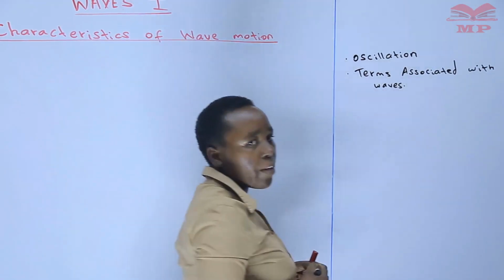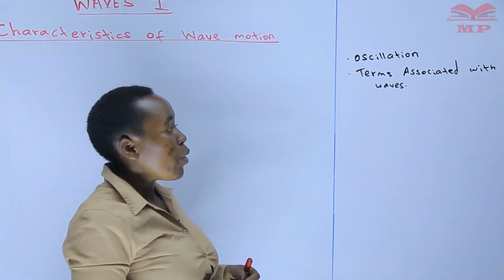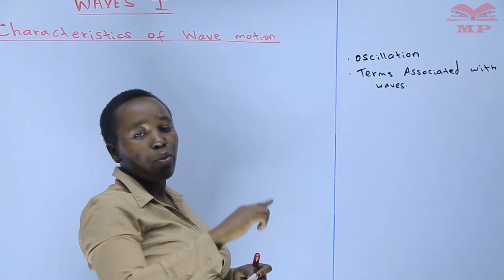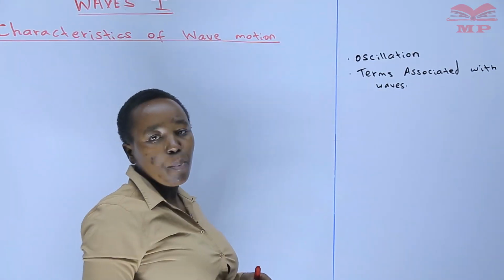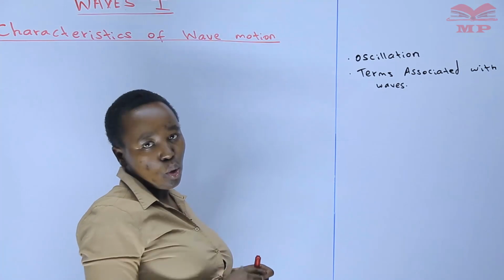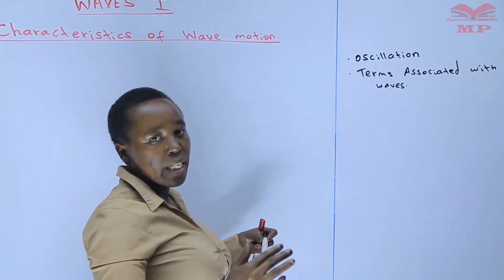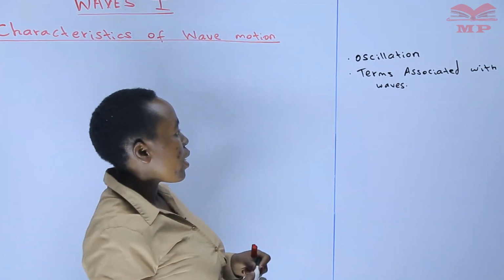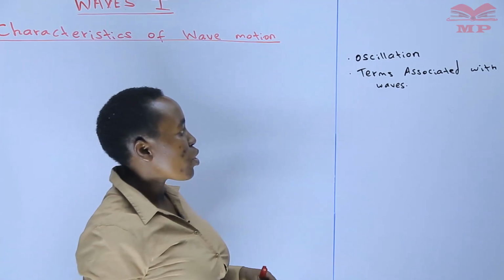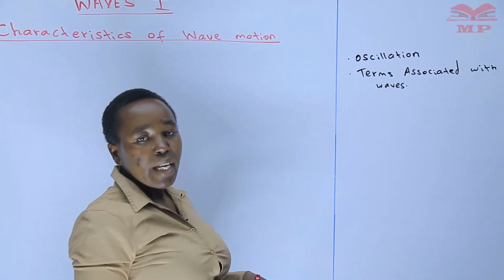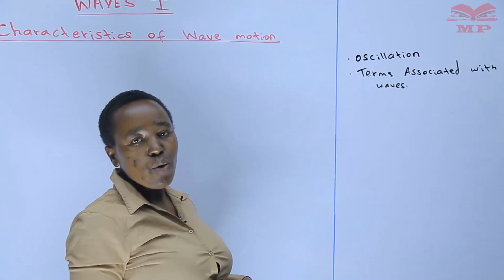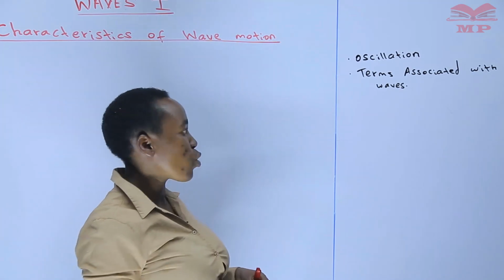So when you are given, for example, a wave, and you are told to state when an oscillation is complete, you should be able to show where an oscillation is complete. Then again, you should be in a position to explain the terms associated with waves, to state and to explain.